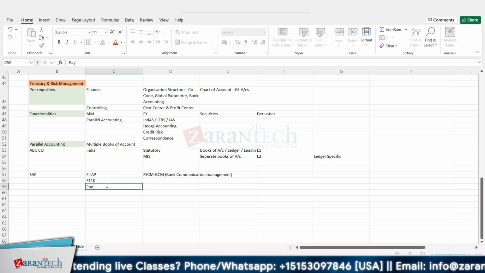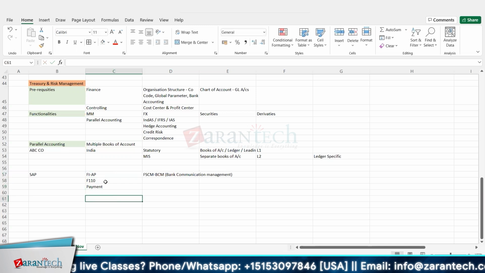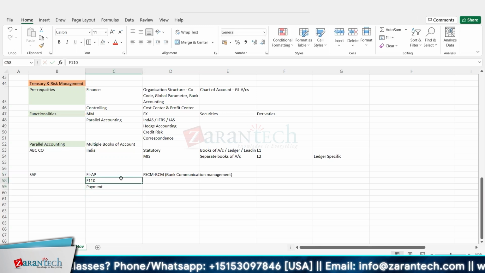Payment will happen from here, but the payment will not directly go to the bank. First, the payments will be grouped in different batches. The system will generate different batches of the payment, and the approval will happen within this module.